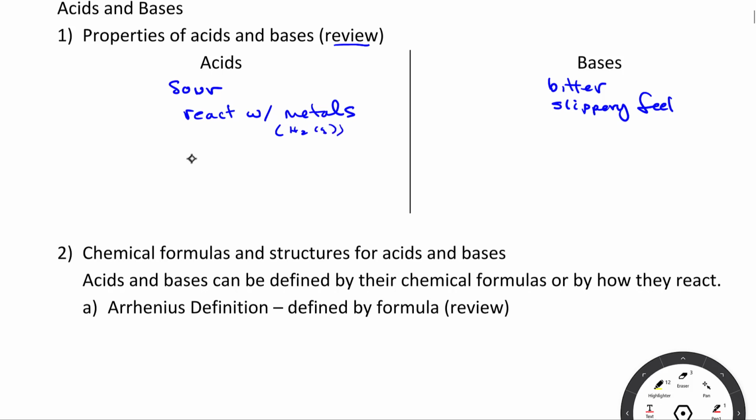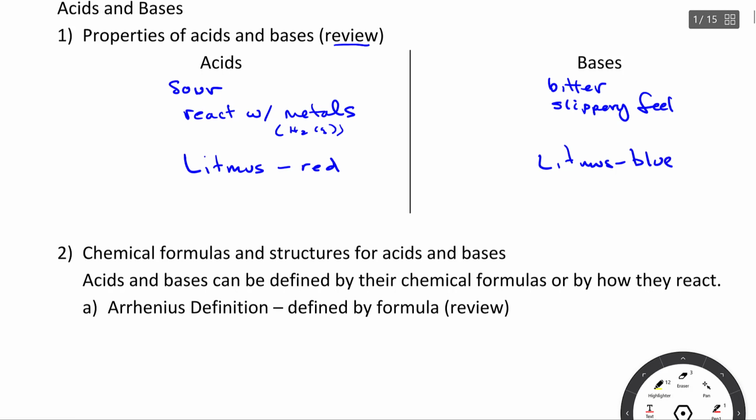There's something called litmus paper that's used to test whether solutions are acidic or basic. Litmus turns red in the presence of acid, and it turns blue in the presence of bases.